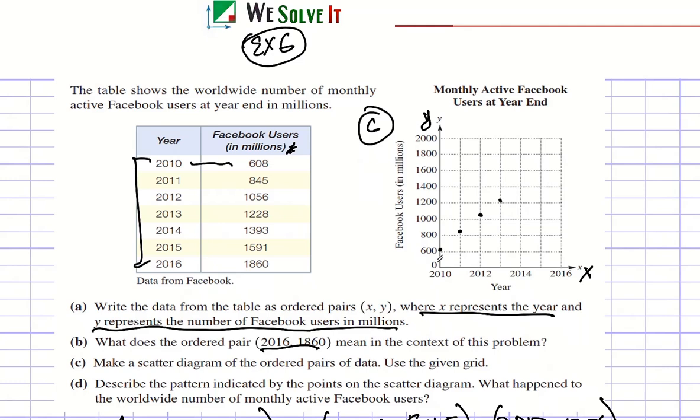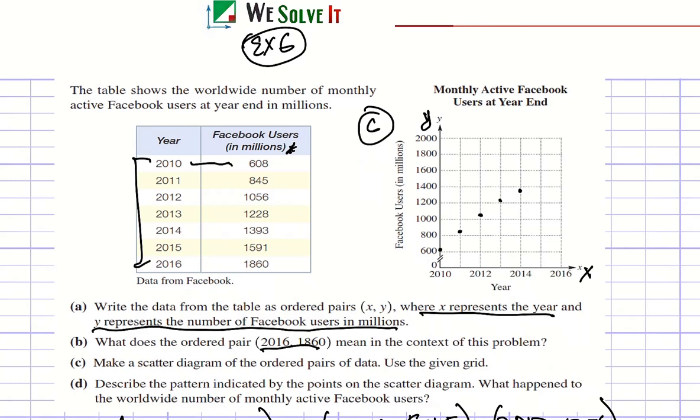Okay. And then 2014 is about 1393, not quite 1400, so it's probably over here, somewhere there. Okay, so 2015 is between 2014 and 2016. 2015 is 1590 something.